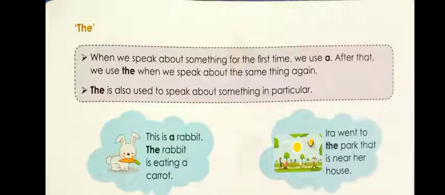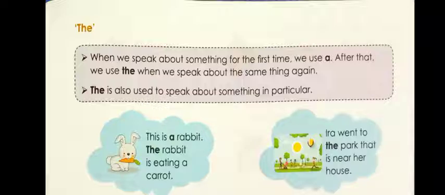Next example. Ira went to the park that is near her house. Ira is very particular. She is going to the park that is very near to her home. That means Ira is well aware of that park.